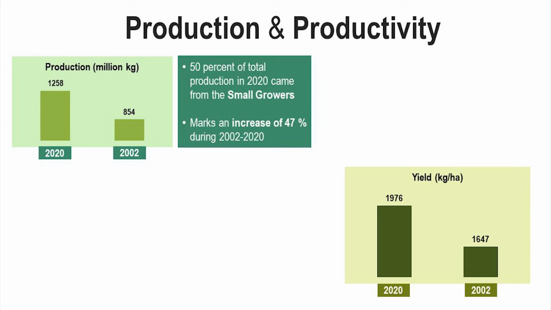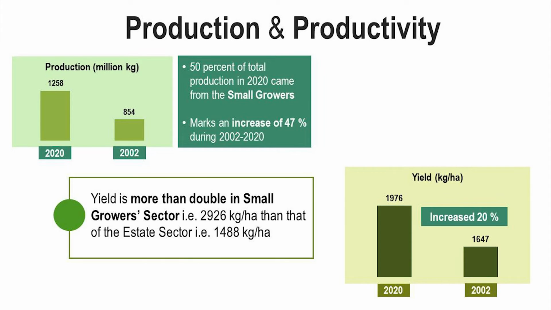If we look at 2002, it is 1647, and then it is also increasing. If we look, it has increased by 20%, and we have also identified that yield is more than double in the small grower sector, that is 2926 kg per hectare, than that of the estate sector, that is 1488 kg per hectare.